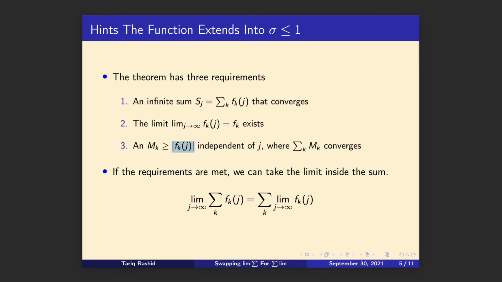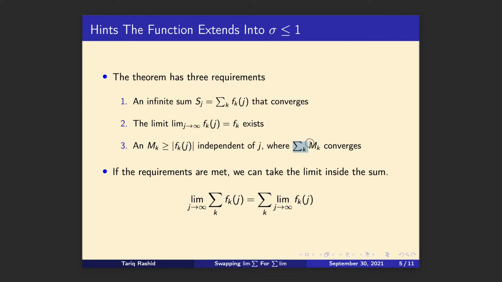So it's always greater than or equal to that, it's independent of j, so it only depends on k, and the infinite sum of these over k converges. Now that sounds quite a complicated thing to say, but the way to think about it is that there is a normal, well-behaved function, M_k, that dominates this f_kj.